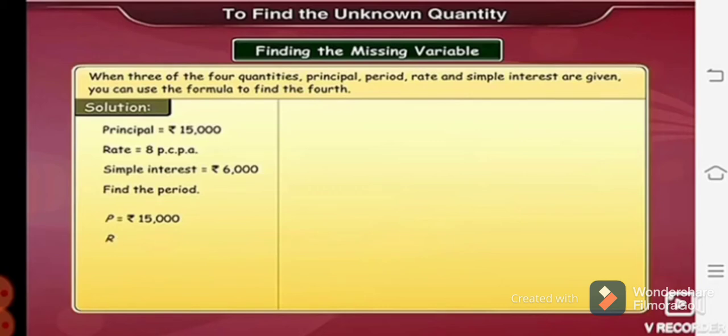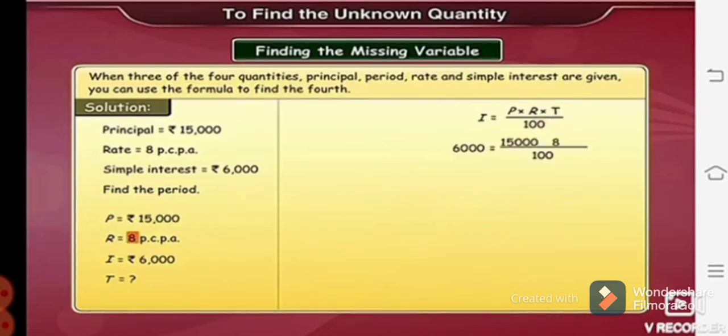R is equal to 8 PCPA. I is equal to rupees 6,000. And what we have to find out? Yes, we have to find out period, meaning time. T is equal to question mark. So we'll use the simple interest formula. I is equal to P into R into T upon 100.